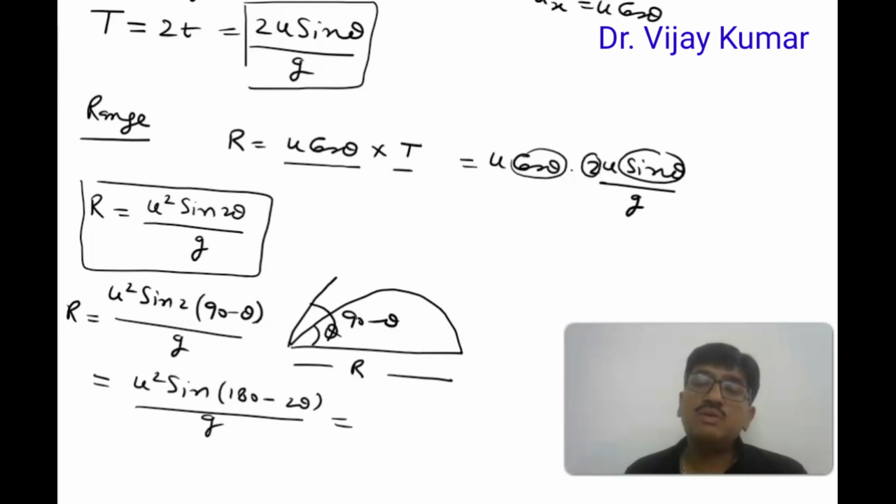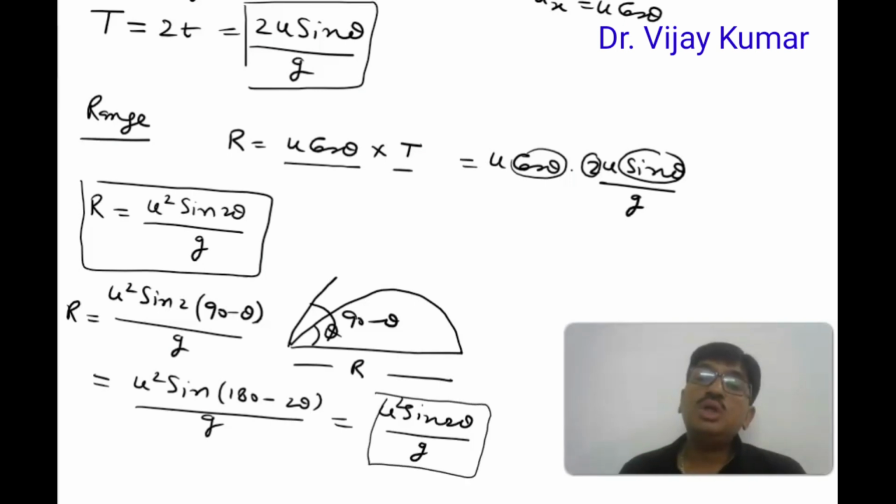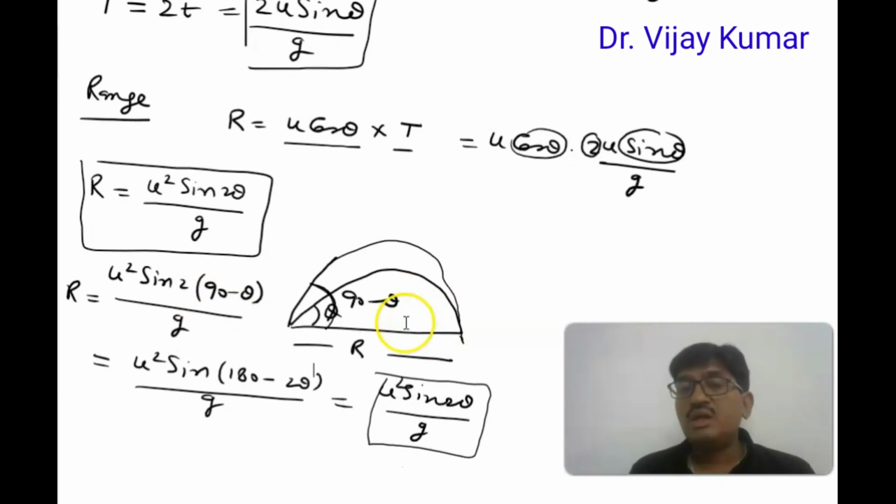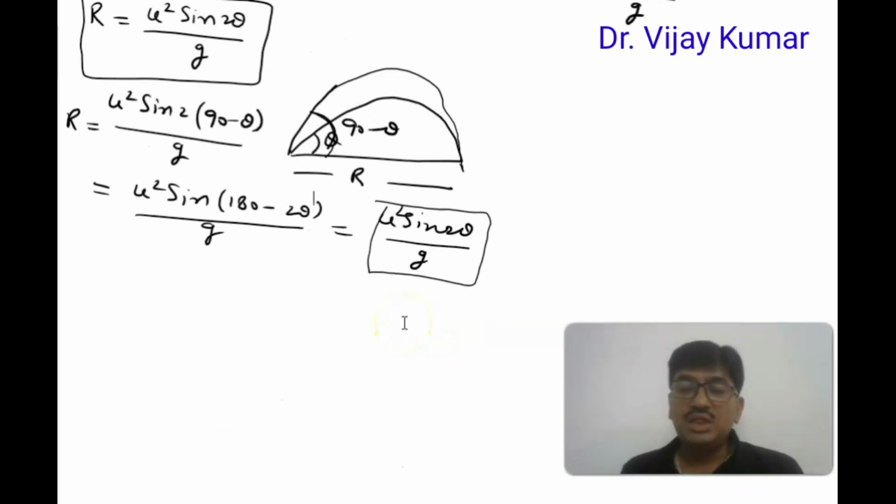Sin of 180 minus 2 theta is sin 2 theta, so it is u square sin 2 theta upon g, equal to the range when projected at angle theta. So the range when the particle is projected at angle theta and when projected at angle 90 minus theta remains the same.